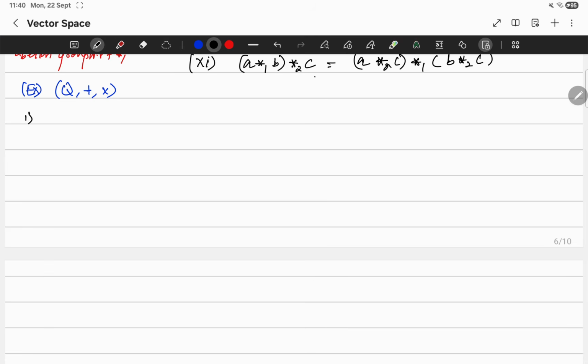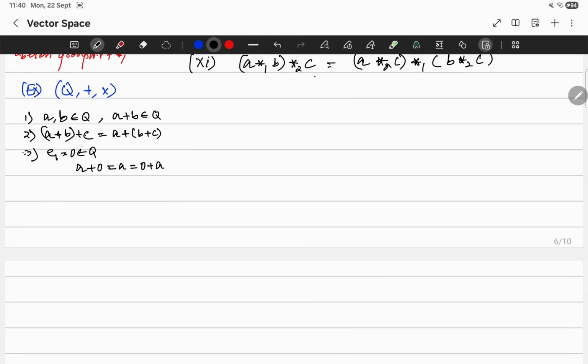That means if you take any two rational numbers, then the addition of the two rational numbers is again a rational number. Second, the addition of rational numbers is associative, so we can say (a + b) + c. Third, we have e1 as 0 in Q, such that a + 0 gives you a, that is 0 + a.